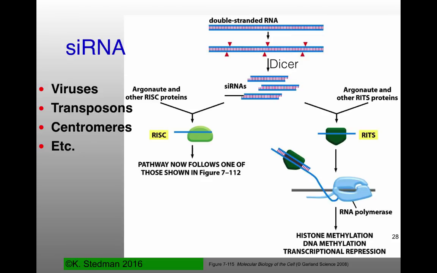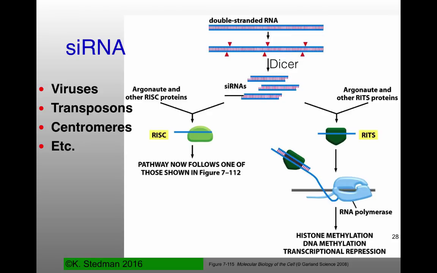So you'll have a double-stranded piece of RNA. That double-stranded piece of RNA gets cut again into smaller pieces. And again, if it's got a perfect match to another RNA which is there, which would make a lot of sense if it's a viral RNA, that will get chopped up through the RISC complex, which is just like what you see with microRNAs.